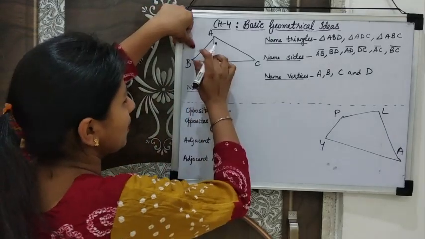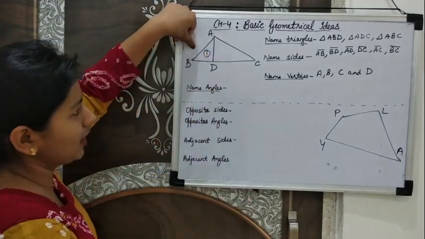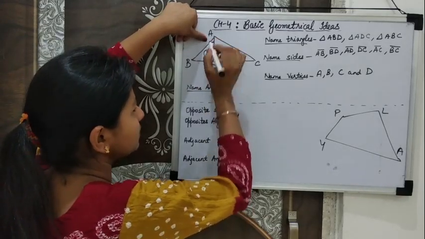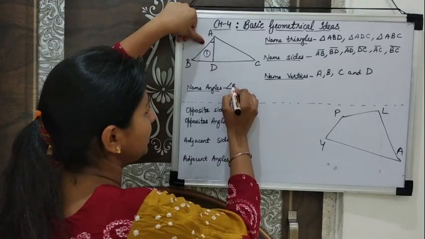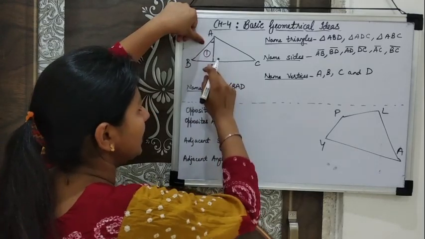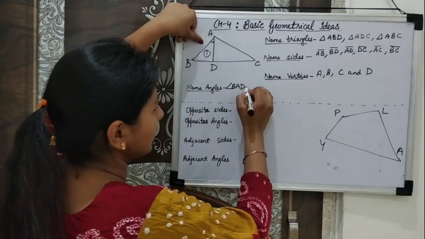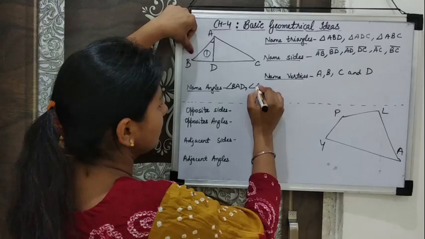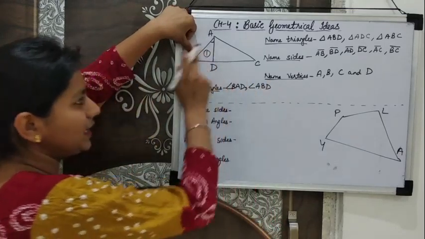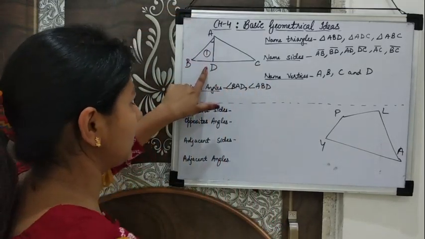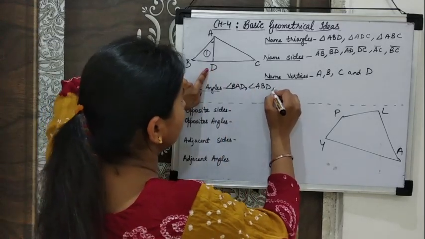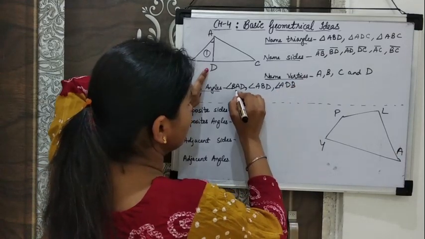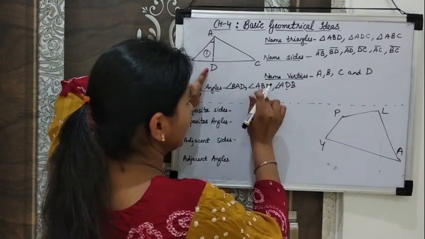So let's see how. First of all मैं इस triangle की बात करती हूँ. First triangle की. इस triangle में A को अगर मुझे नाम देना हो, only look at A. So the name will be angle BAD. BAD भी लिख सकते हैं और DAB भी लिख सकते हैं. Another one will be let's name. For D point, we can write angle A, D, B. See, A, B, D, all have come in center.